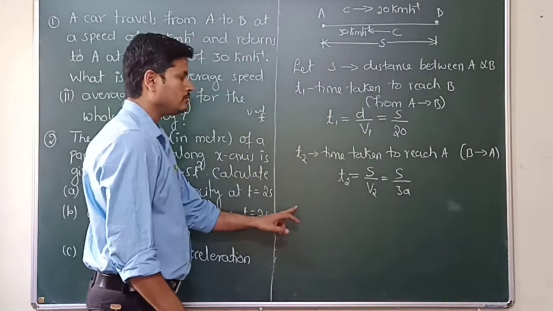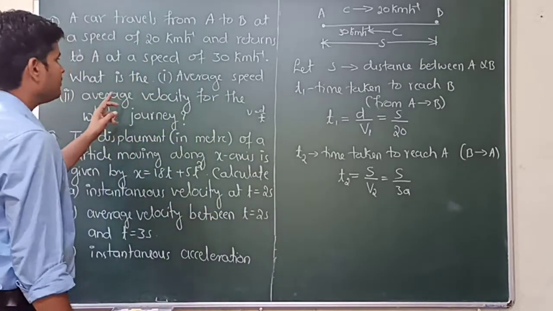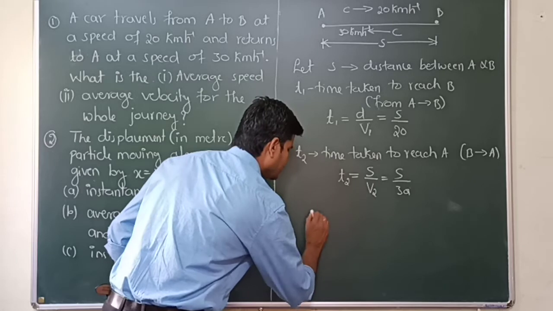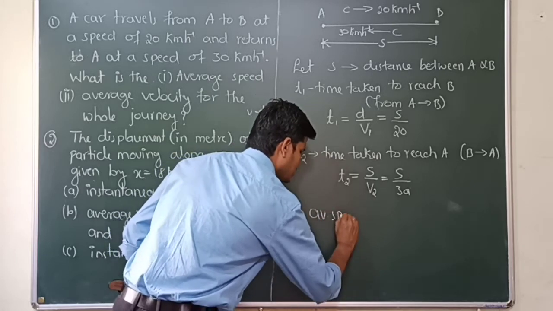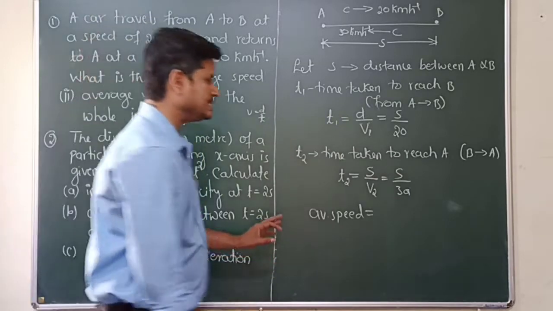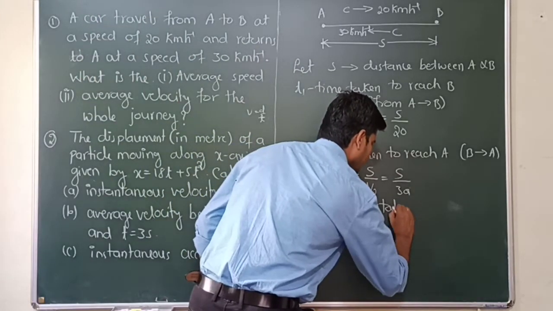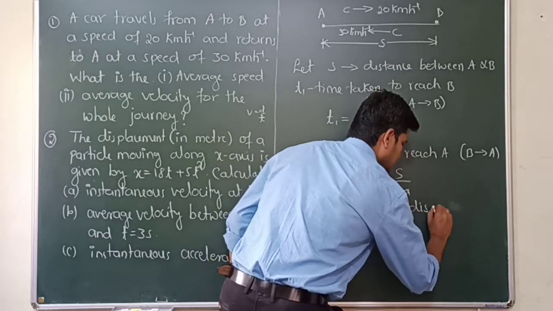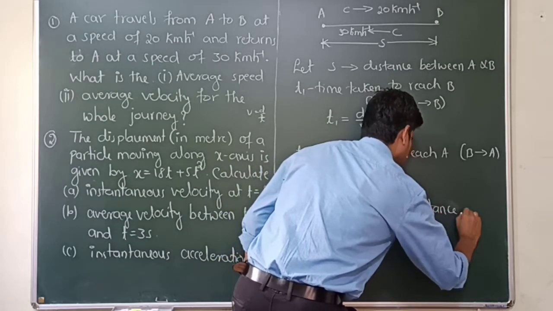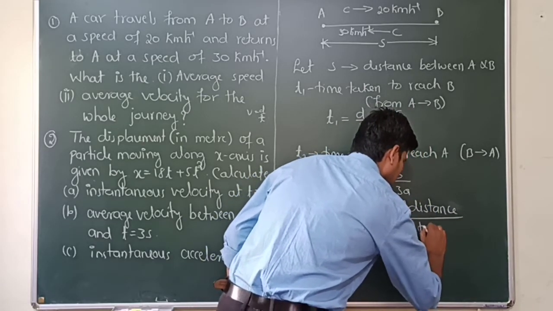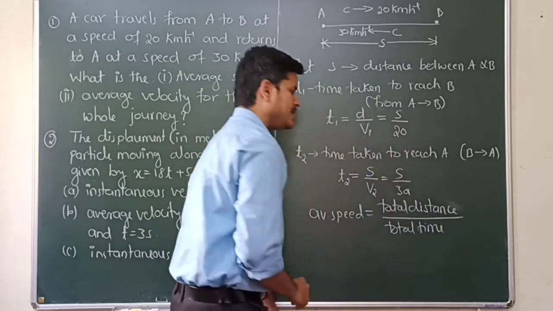Okay. Now the average speed. Average speed is total distance divided by total time taken.